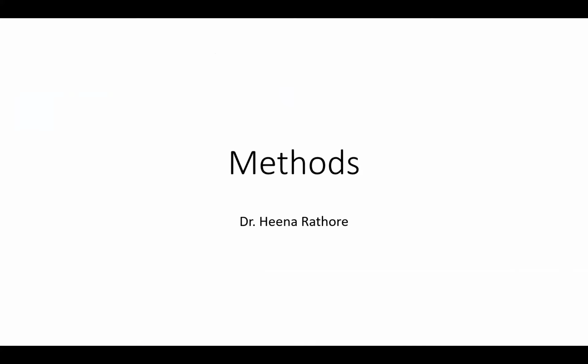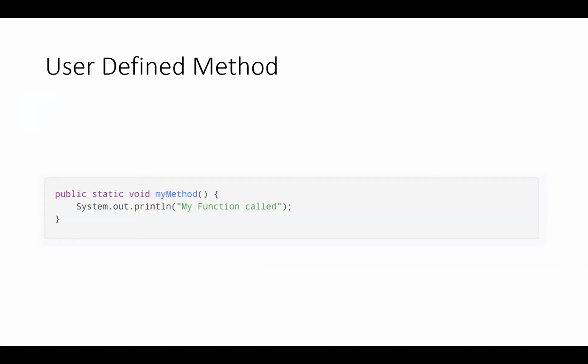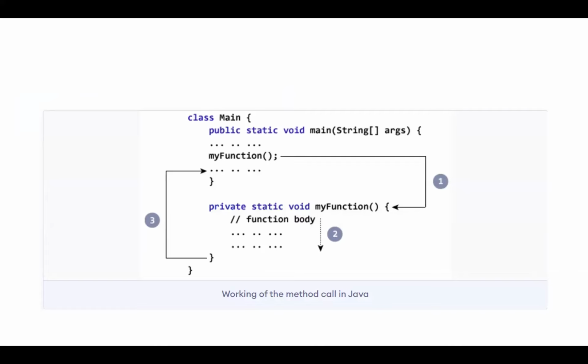certain slides. So let's suppose over here, this is one of the specific methods that you have created: public static void my method, and it just prints my function called. In the previous class, we did discuss that a single class can have multiple functions. So main is one specific function, my function is another function.